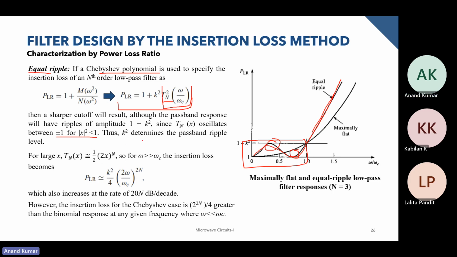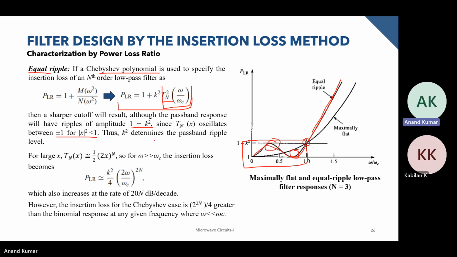For omega equal to omega c, the insertion loss again becomes 1 plus k square, determining how much insertion loss we are able to afford. The power loss for omega much greater than omega c has this expression, and again this increases at the rate of 20 n dB per decade.